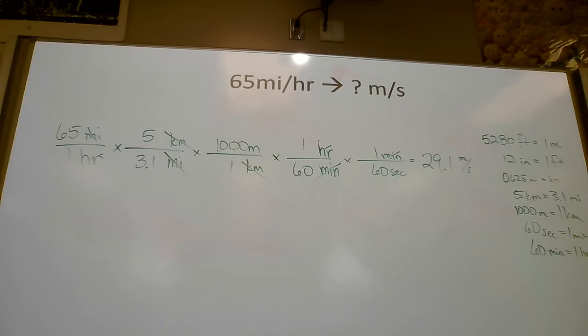In general, to convert between miles an hour and meters per second, just divide by 2. So if you've got something that's moving 20 meters per second, it's about 40 miles an hour. Just have a gut feel. Good with that? Okay.